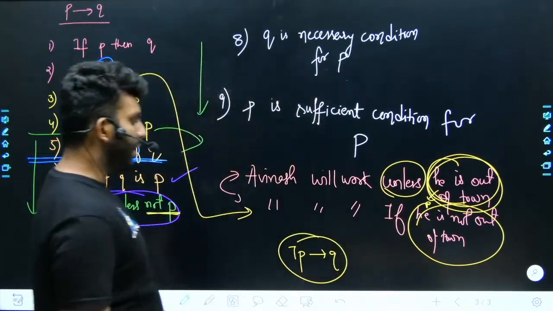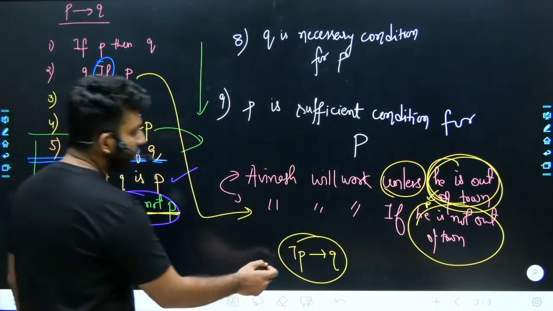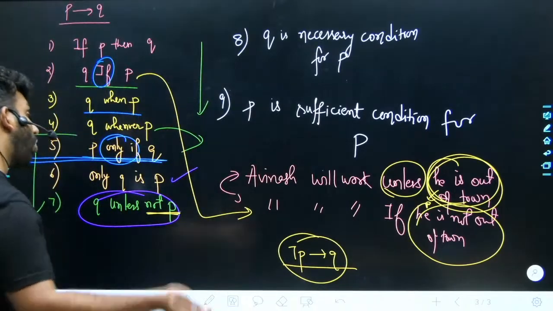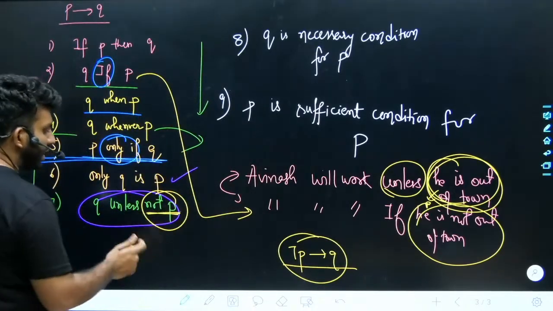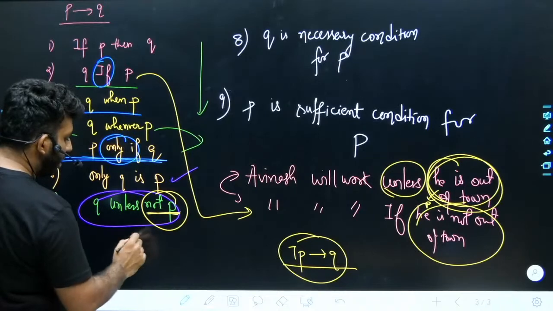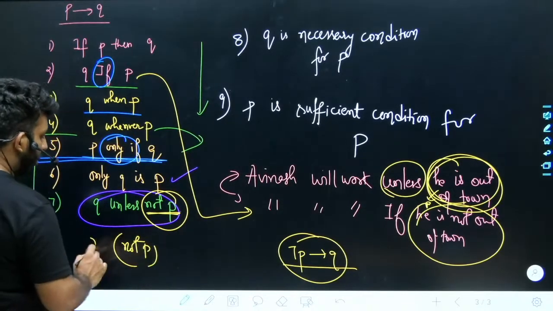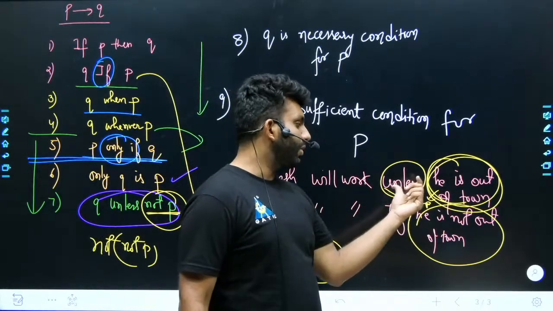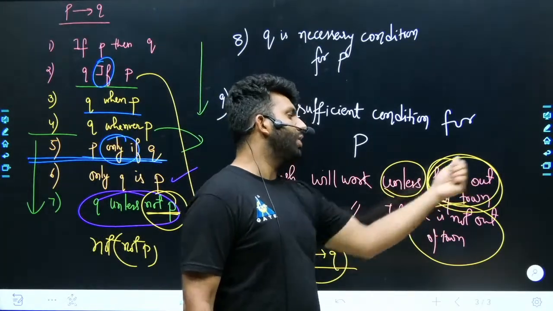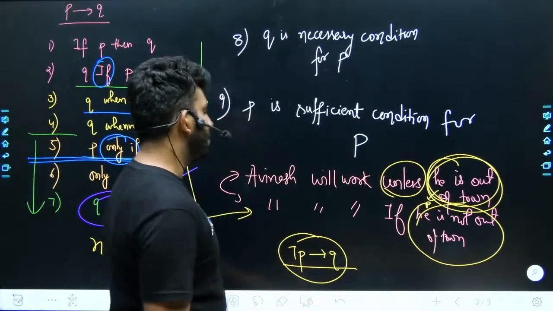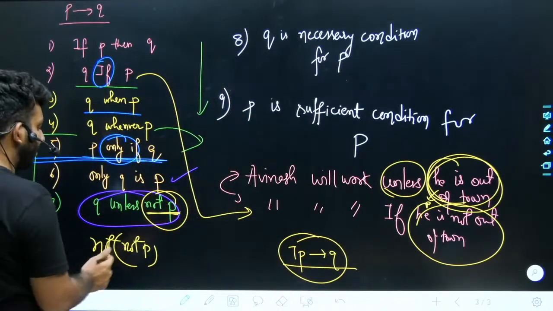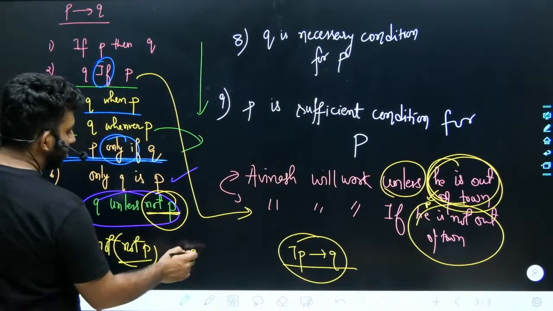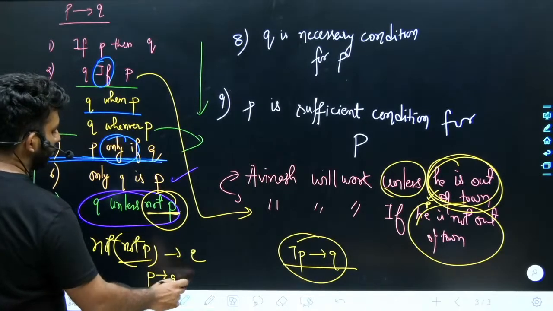That's why I have written not of P implies Q, so that when I convert it, it will be not of whatever is there with unless, and then that implies Q. So what is it? It is P implies Q only.